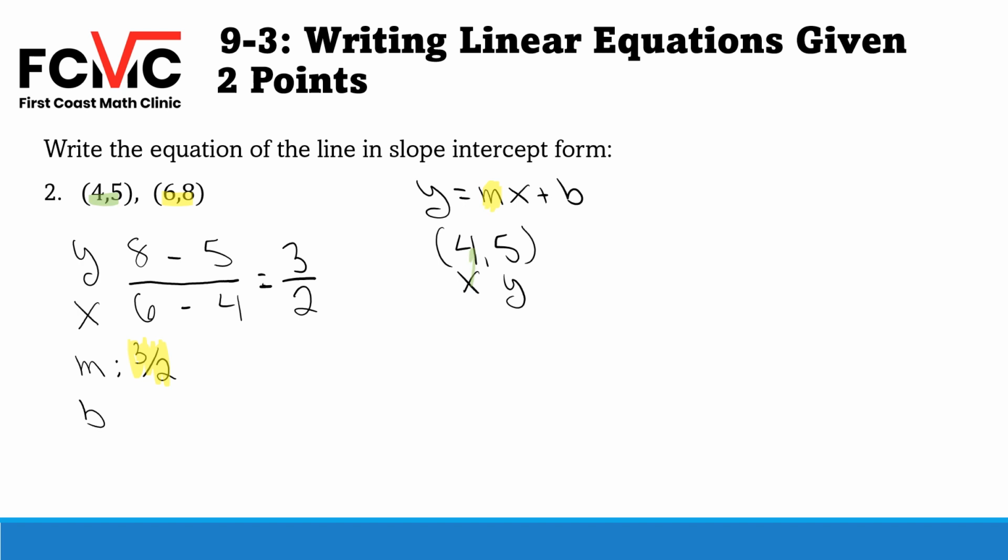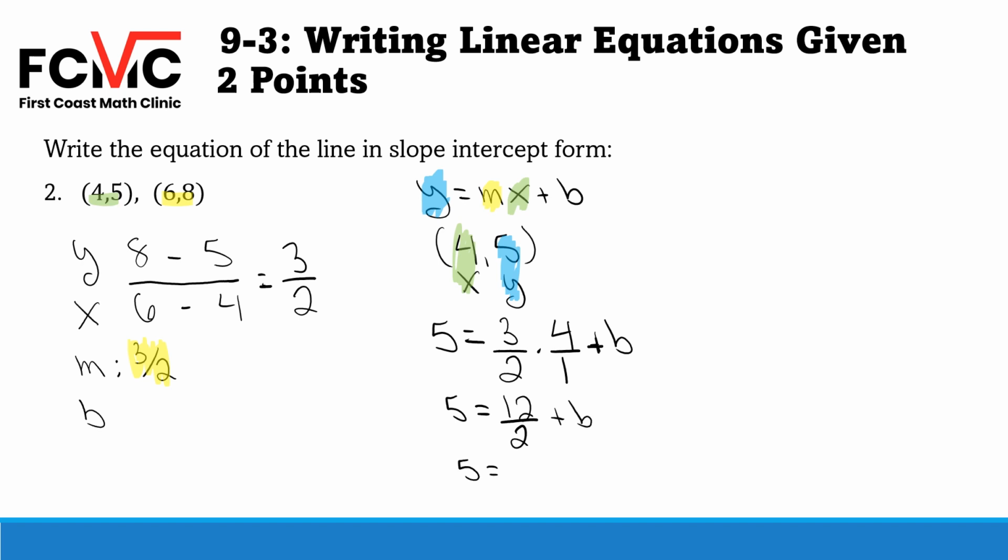So x is 4, y is 5. I'll get 5 equals 3/2 times x, which is 4, plus b. So I'll get 4/1. I'll multiply straight across.